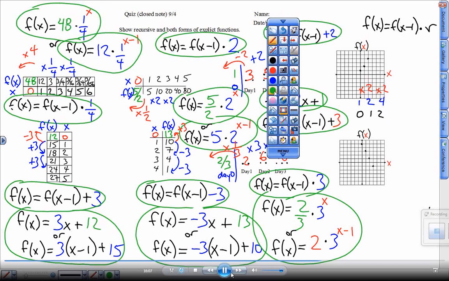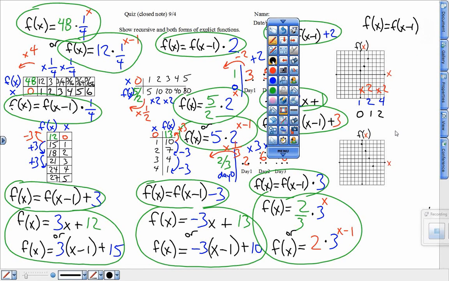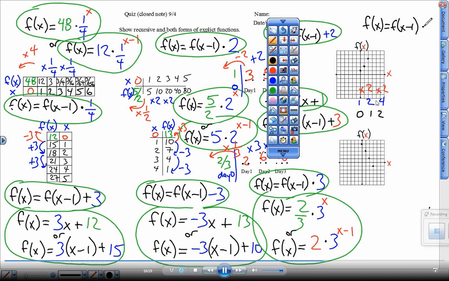To find that recursive form, just replace that r with what I'm timesing by here, timesing by 2, timesing by 2. So the recursive form for this is f of x equals f of x minus 1 times 2. So if I wanted to find this third one, just take 4 times 2 would give me 8 up here. You can see that curve.